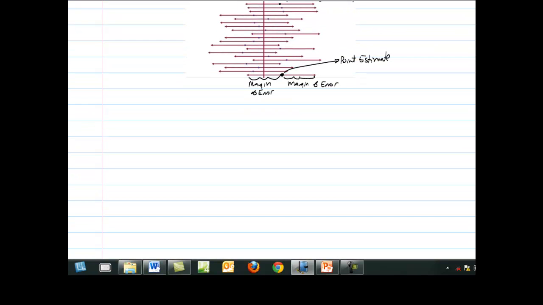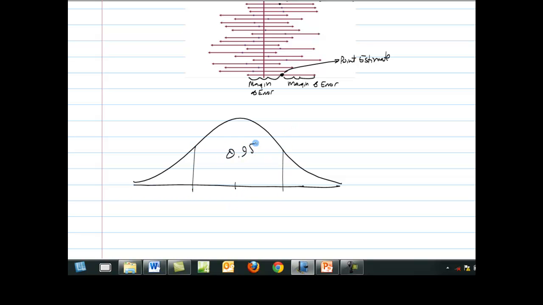So if you think about it, let's say we want to be 95% confident. I want to center this about the mean. So if I want to be 95% confident, 95% of my area is here. Here is my point estimate, and then both of these on either side, this particular distance from the point estimate to my right endpoint, point estimate to my left endpoint, again is the margin of error.